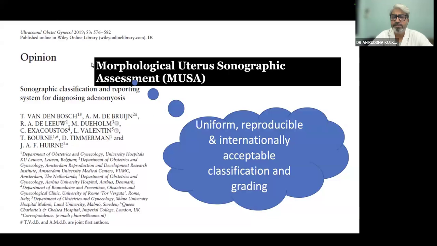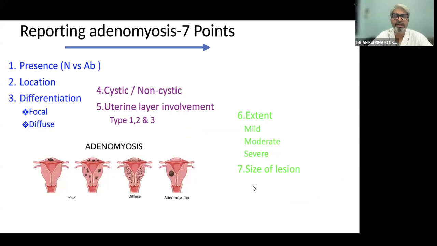Now, this MUSA characterization, in the article by Van den Bosch, was meant for uniform terminologies which are reproducible and internationally acceptable, so that classification becomes easy and grading becomes easy. So reporting of adenomyosis depending upon this MUSA consists of 7 points: presence or absence of adenomyosis, location of adenomyosis, differentiation of adenomyosis as focal or diffuse or adenomyoma.